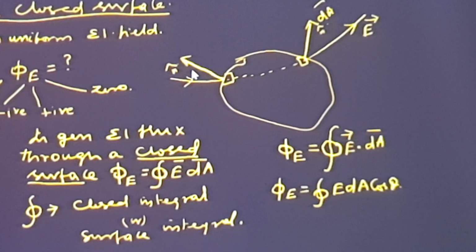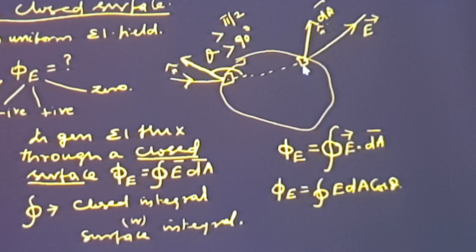Now consider the angle between the normal drawn and the electrical lines of force. Where the electrical lines of force enter this closed surface, the angle between the normal and the electric field lines, which we have defined as theta, is obtuse. So theta will be greater than 90 degrees, or greater than pi by 2 radian.